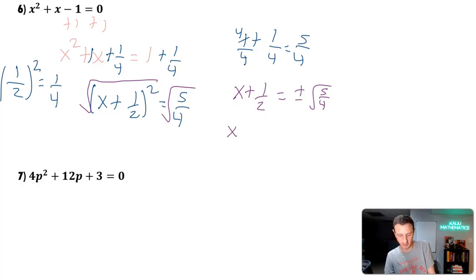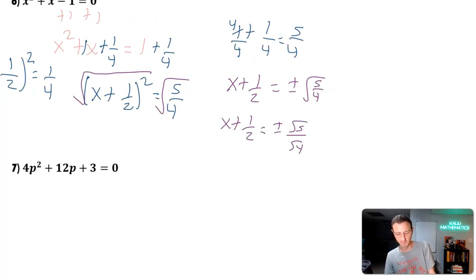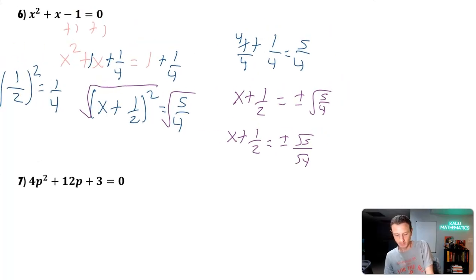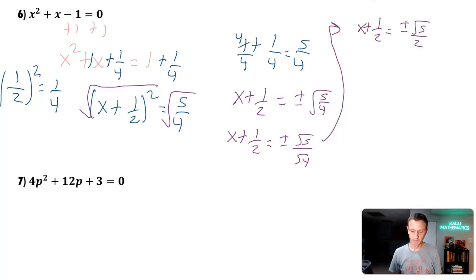So x plus a half equals plus and minus square root of 5 over 2, because square root of 4 is 2.